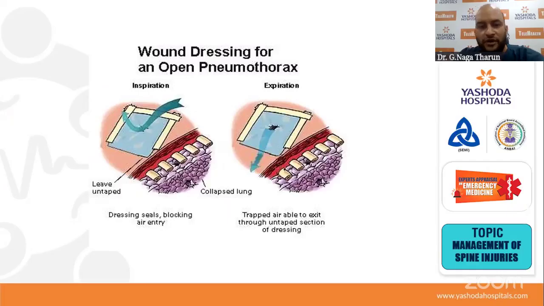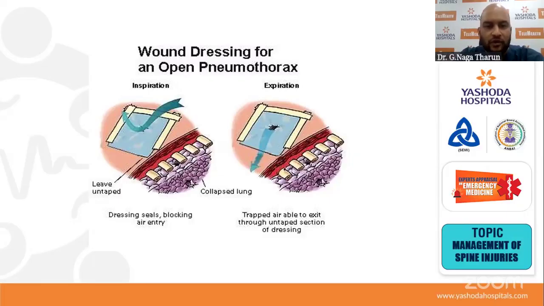So it is a three-way dressing, which we are seeing in this image. The dressing is done to prevent air from entering from outside into the open chest injury, so it causes a flutter valve effect. Here you can see the three edges of the wound are covered with a sterile plastic piece, and the edges should be neatly attached to the skin.